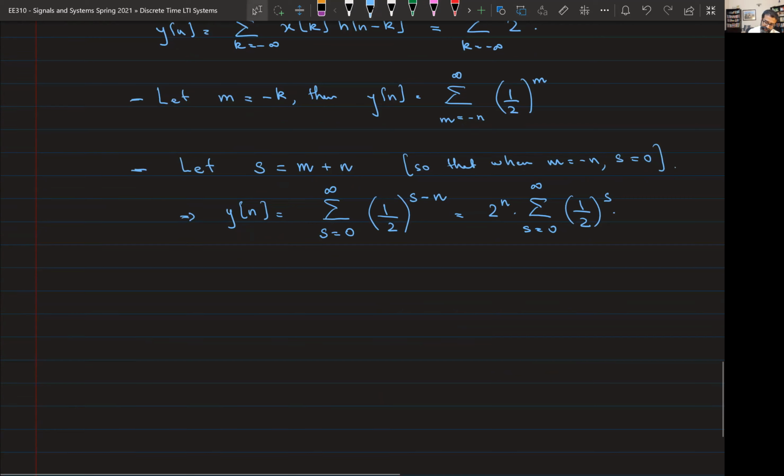So this becomes 2 raised to power n, and what do I have in the summation? This is nothing but 1 upon 1 minus half. What does that equal? This is 0.5, so this is 2, and the result is 2 raised to power n plus 1.